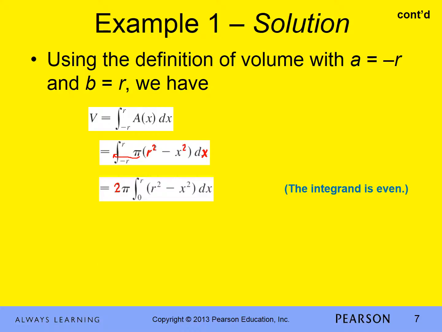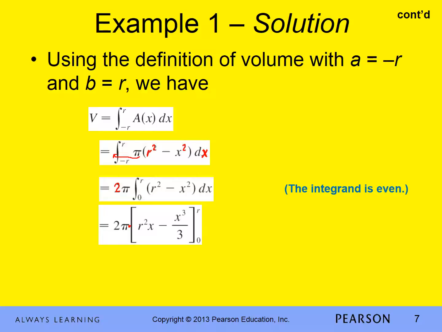Well, now we are going to get an antiderivative, which, since r squared is a constant, its antiderivative is that itself times x, and the variable is x, so the antiderivative of x squared is x cubed over 3. And so we have an antiderivative which is going to be evaluated at r and at 0. Then we'll have the subtraction, whole thing multiplied by 2 pi.